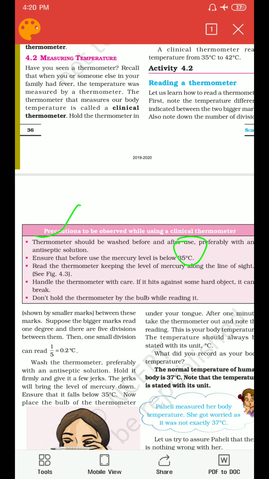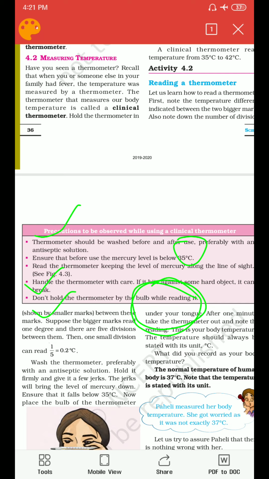Now the next is handle the thermometer with care. As you know that it is made up of a glass tube, so you always have to handle it with care. If it strikes any kind of hard substance, it will break. Okay. Next, do not hold the thermometer by the bulb while reading it. Why should we not hold the thermometer by the bulb?